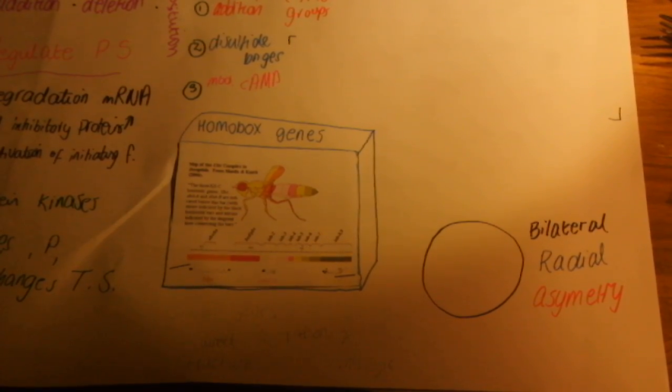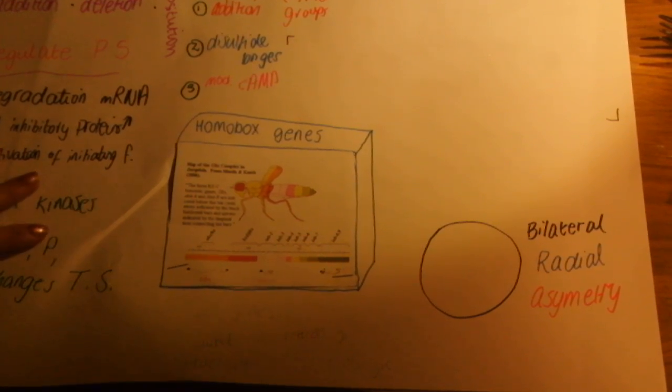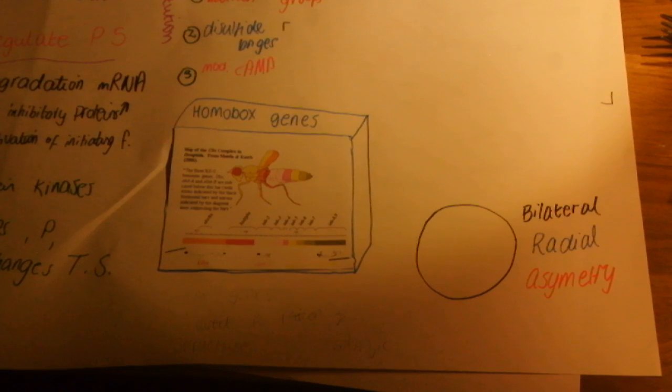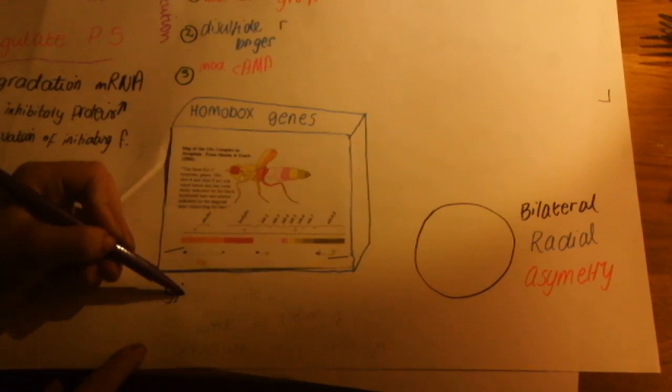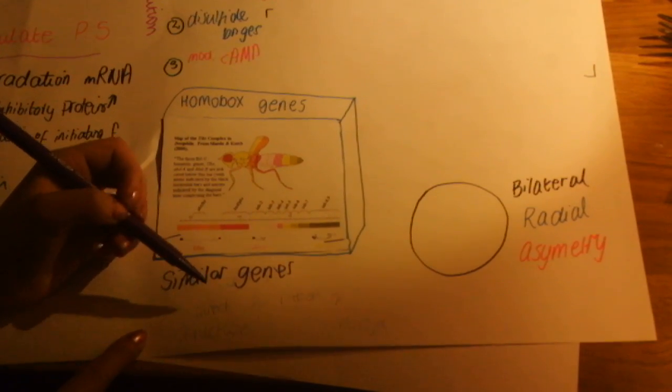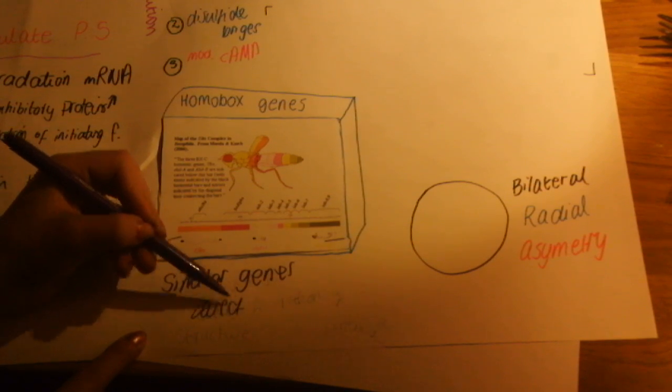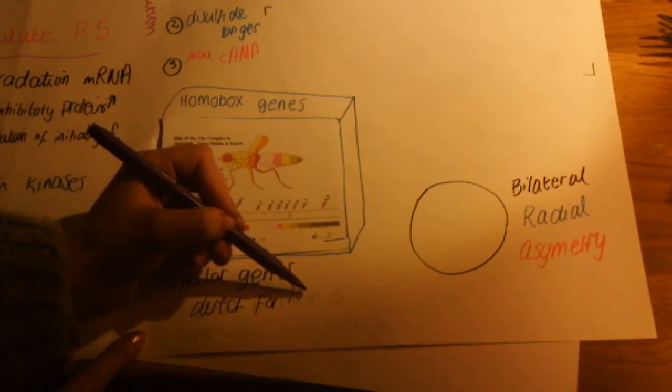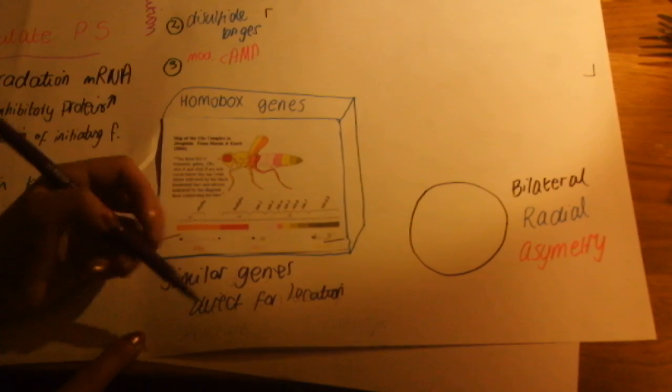So these are the Homeobox genes. Homeobox genes, as you can see in a box, are a large family of similar genes that direct the formation of many body structures during early embryonic development. So these are similar genes that direct the location of the organism's structures.